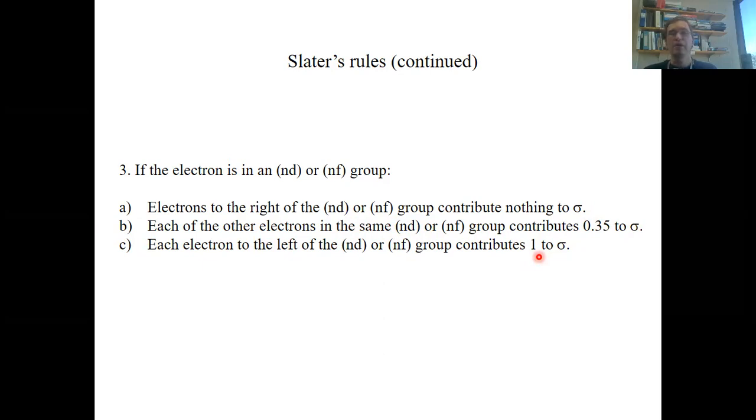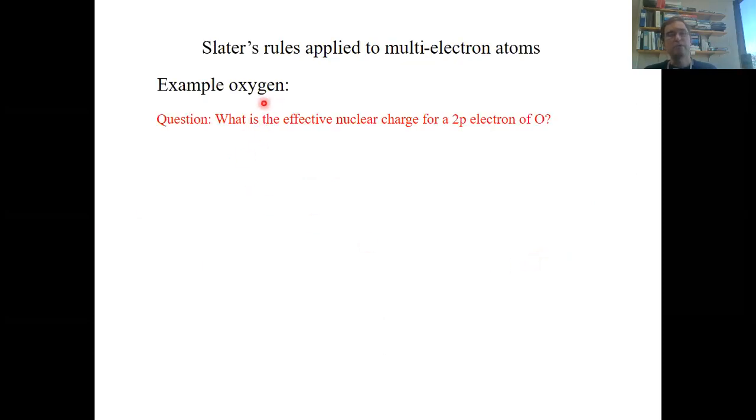All right, so now let's apply these rules and check what we can do with them. Here's a simple example, oxygen. The question is, what is the effective nuclear charge for a 2p electron of oxygen? In the first step, we need to write out the electron configuration according to the Slater rules.